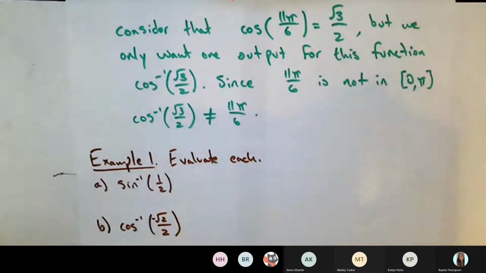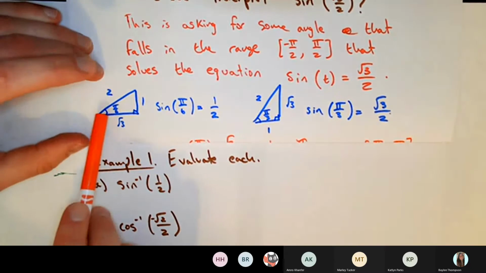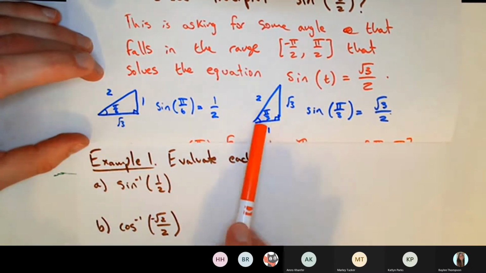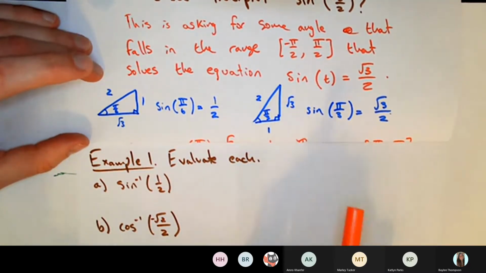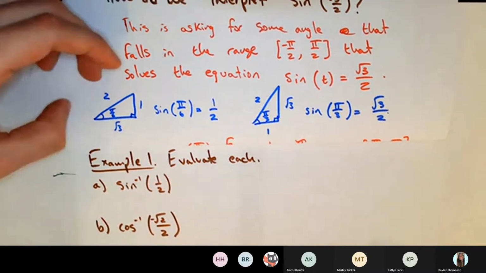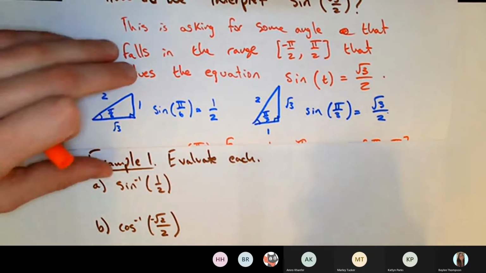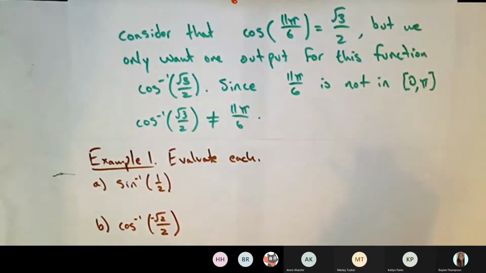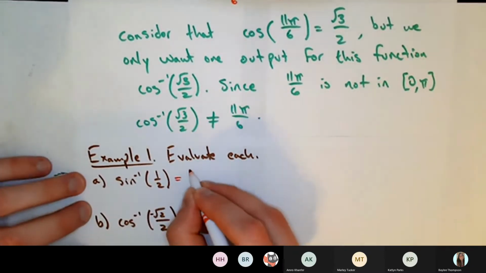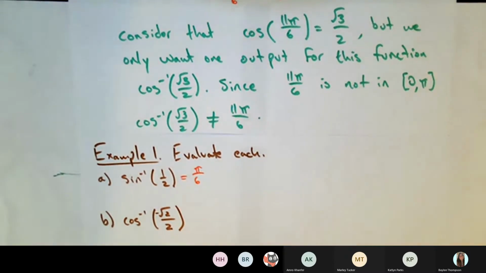Where can I put them? Which one of these is going to be given the opposite over hypotenuse giving a 1/2? It's got to be this one, right? Pi on 6. And is pi on 6 in that range of negative pi on 2 to pi on 2? Yes. So this one, just straight up pi on 6. No shenanigans there.